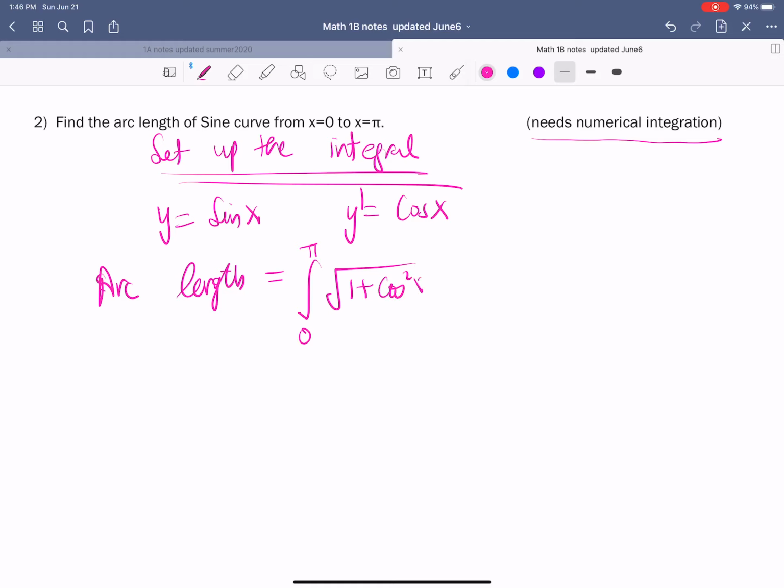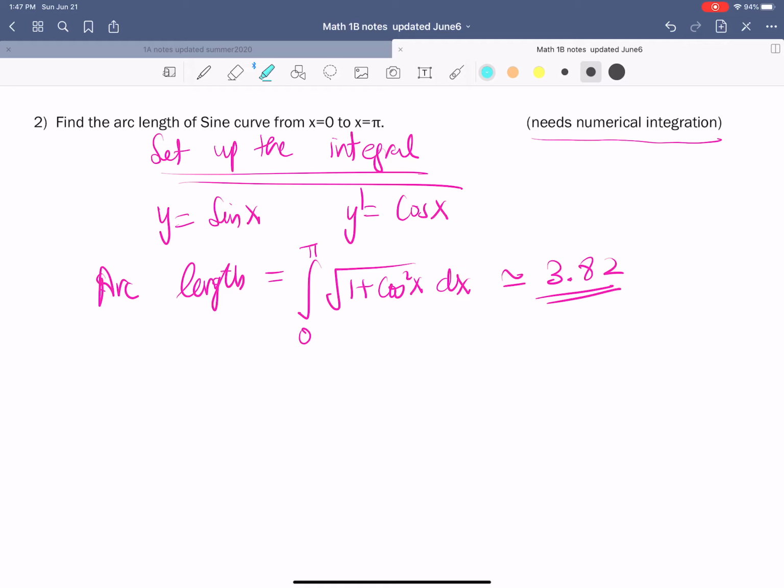It's cos x, so cos squared x dx. If you use an integral calculator, it's going to come out to be 3.82. We haven't talked about numerical integration yet, but for now you can use a calculator. There are tons of free calculators on the internet that will do symbolic integration for you.